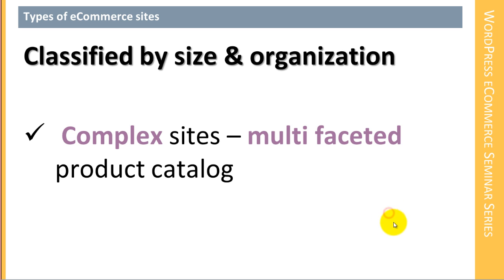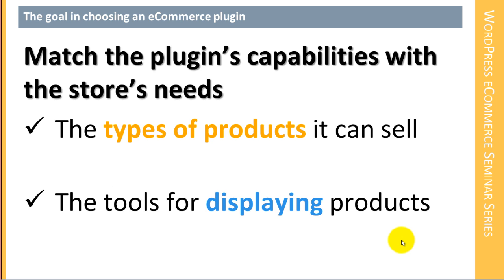And the whole reason for understanding that each of these different styles of sites exist is because what you need to do is match the plugin's capabilities with the store's needs. So you need to match the plugin's ability to sell a certain type of product and the tools that it gives for displaying those products.